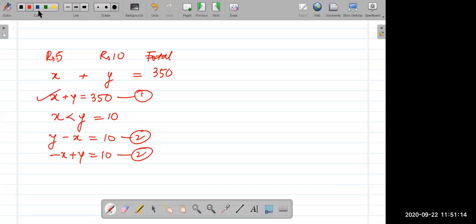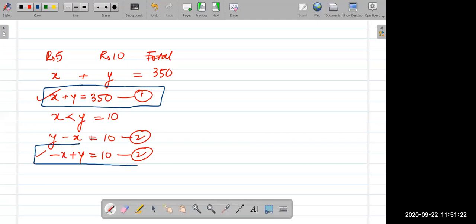Then we have to solve these two equations. Please double check the first equation, everyone. The statement was the total number of notes was 350. We were working on total amount, right? And that's why you all were getting the answers in decimals.